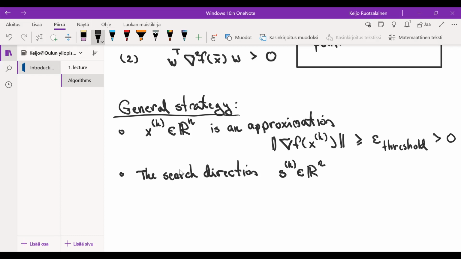So we start from this point xk and we go into this direction where the function values decrease. S like a search direction.